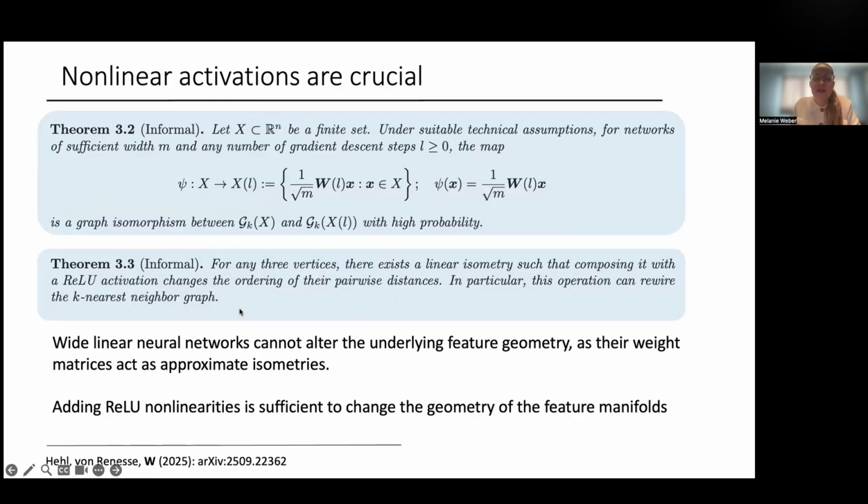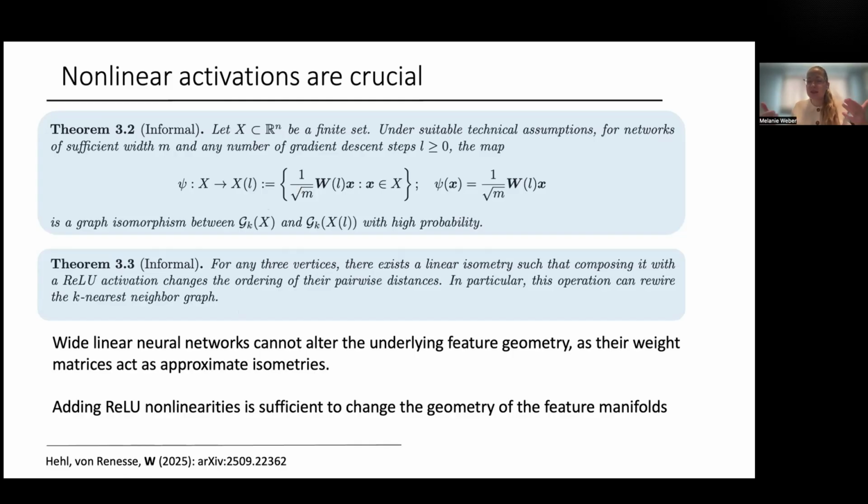Namely, we show that without the nonlinearity, the kind of transformations that we are learning are incapable of rewiring or changing the structure of the geometric graph in a way that would allow to separate the communities.